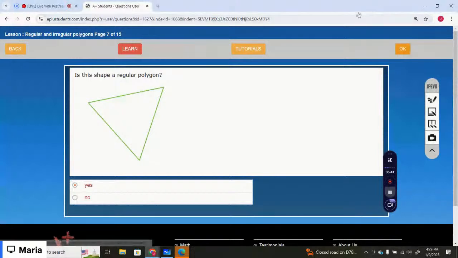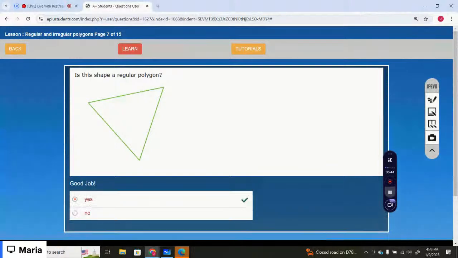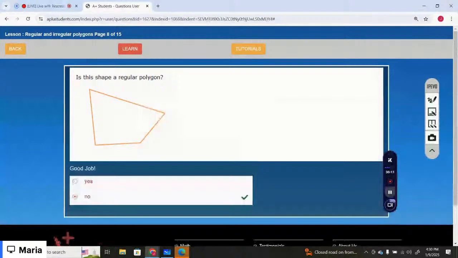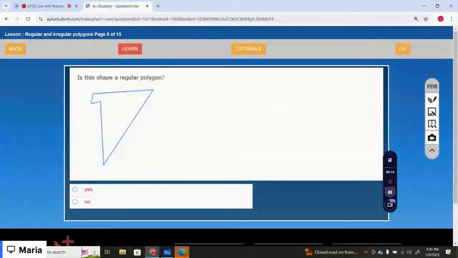Option number one is the correct option. Is this shape a regular polygon? No, that is not a regular polygon. The correct option is no. Okay, you can complete the lesson by yourself later today. Let me just move on to the next lesson.